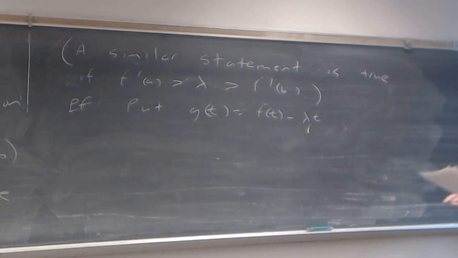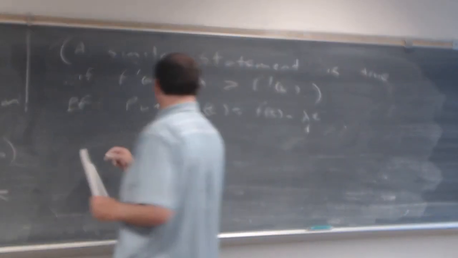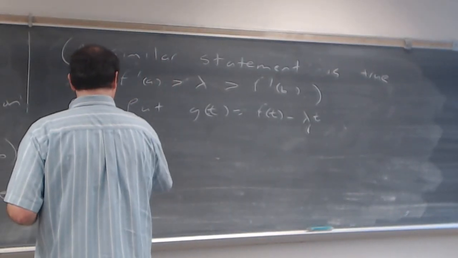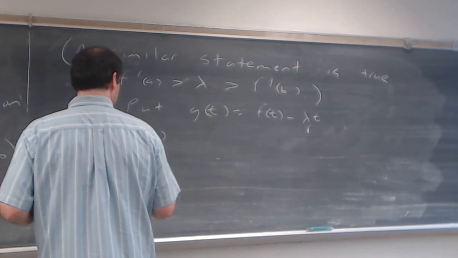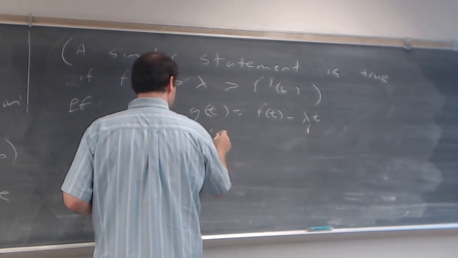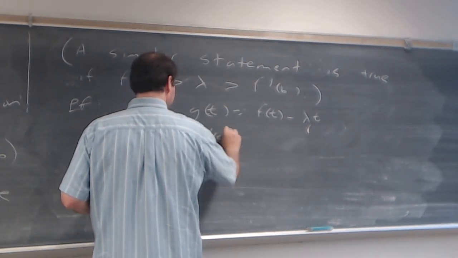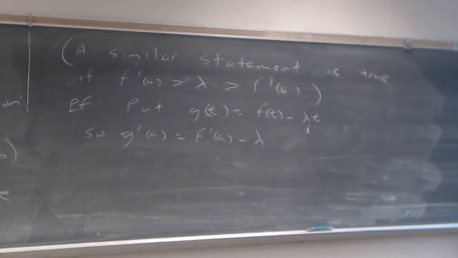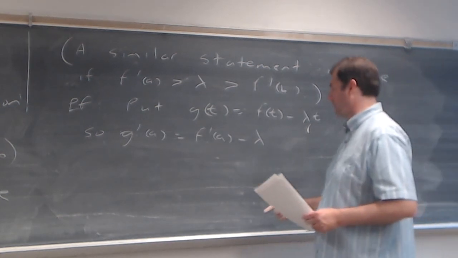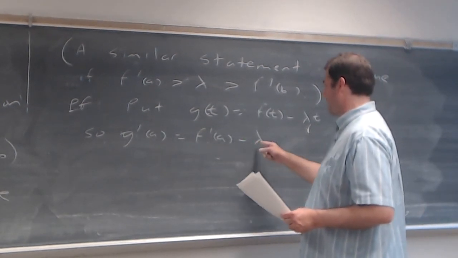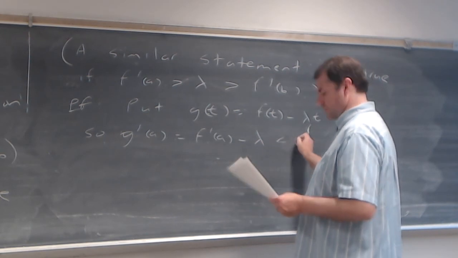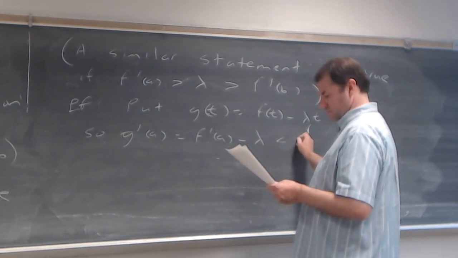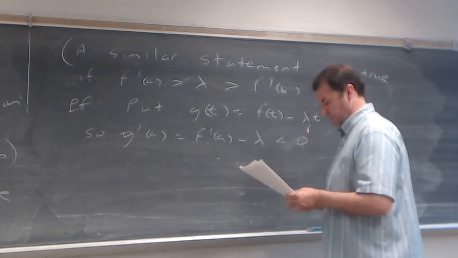Okay? So let's look at g prime evaluated at a. Well, that's going to be equal to f prime evaluated at a minus lambda. Now, what we know in the situation we're looking at is that f prime of a is less than lambda, so this is going to be negative, less than 0.